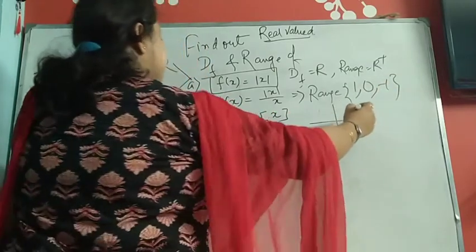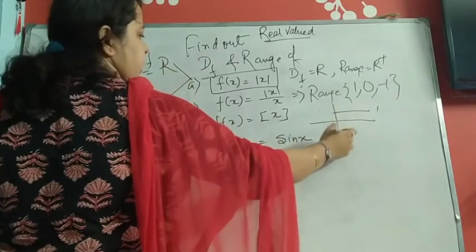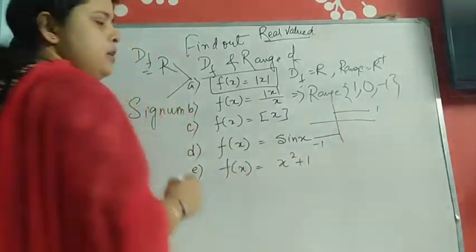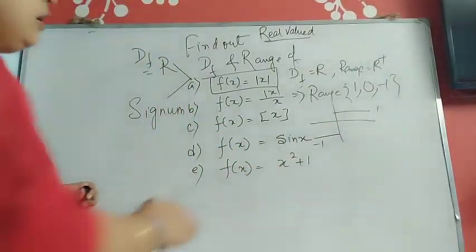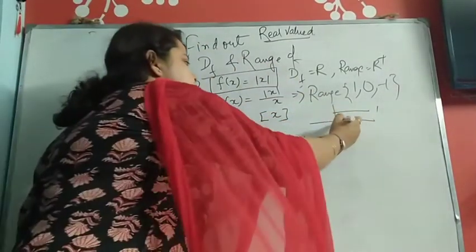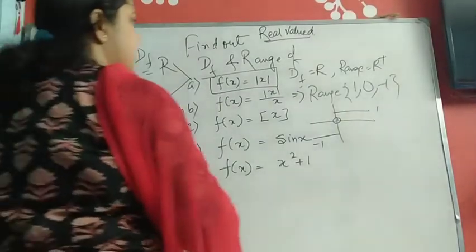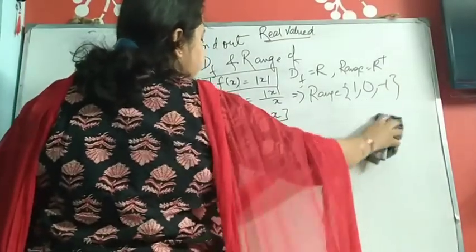So how does the graph look? It is continuously 1 on the positive real number line, continuously minus 1 on the negative real number line, and at 0, it is definitely 0. Understood children?